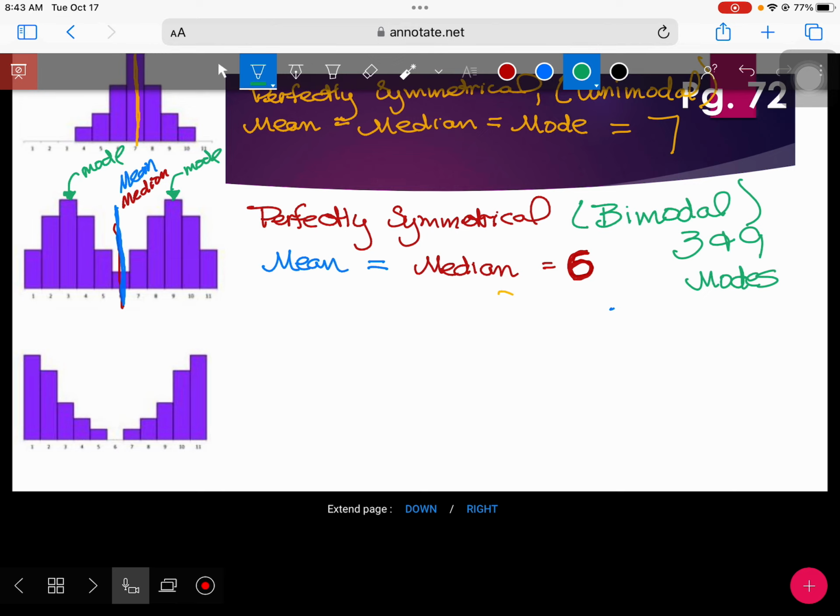It is symmetrical. Perfectly symmetrical. What else? Somebody else. Ian, why don't you give me something? We're on the third graph.